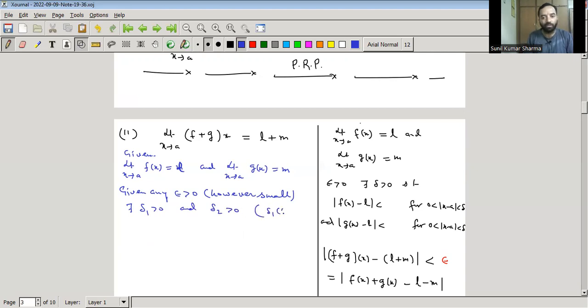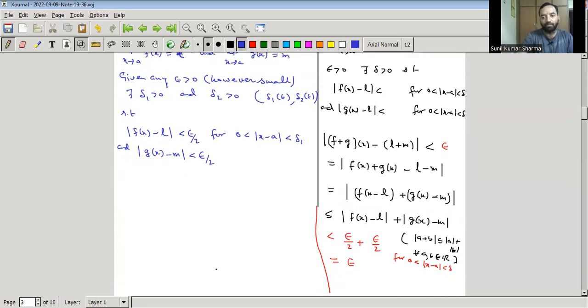Both delta 1 and delta 2 depend upon epsilon such that mod f(x) minus L is less than epsilon for 0 less than mod x minus a less than delta 1, and mod g(x) minus m is less than epsilon. Even we can take this less than epsilon by 2. Okay? We have chosen mod f(x) minus L to be less than epsilon by 2 for 0 less than mod x minus a less than delta.